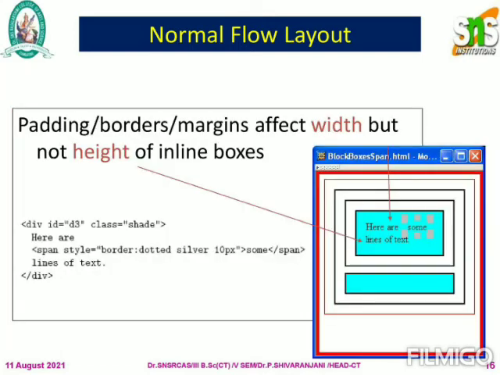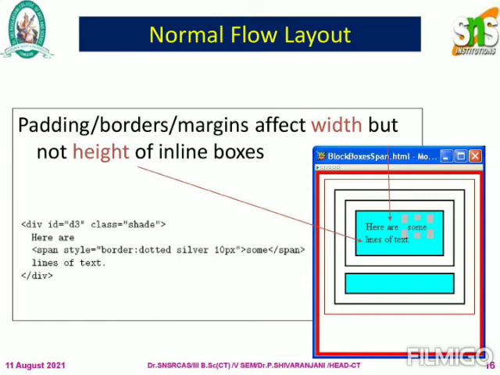So next one is that padding, border, and margin affect the width but not the height of the inline box. Here I'm just using the content for the particular box. Inside the content, I have some text displayed. I have created a class, I have named the particular span as shade, and I have used the text 'here are line of text'.